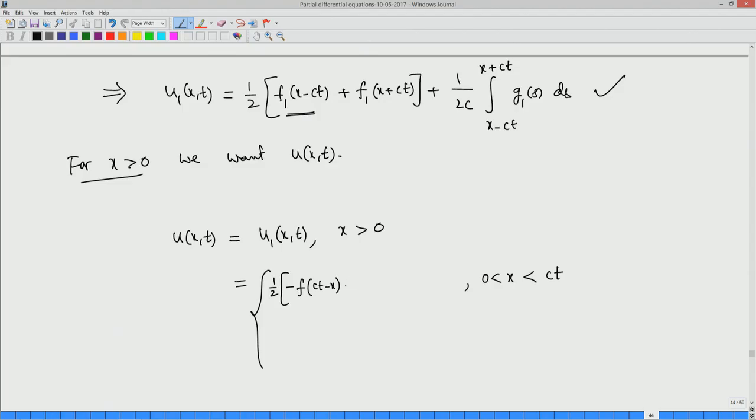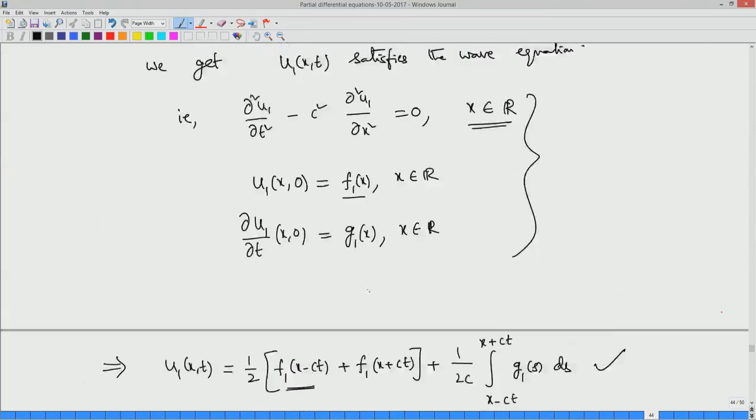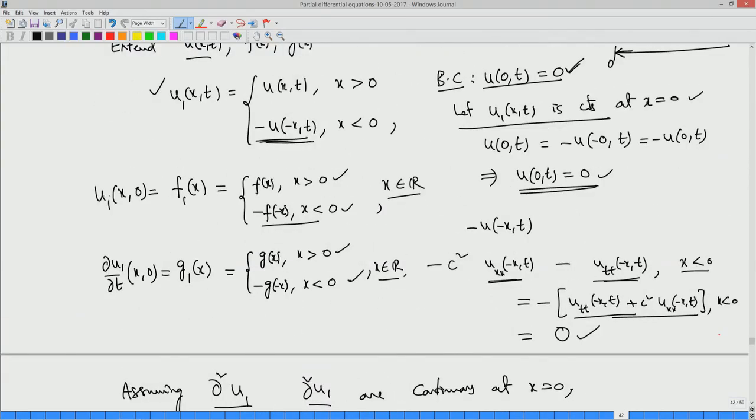Plus, when x is between 0 and ct, x plus ct is always positive, so you simply write f of x plus ct. I am writing this using this function: f1 of x is f of x when x is positive; if it is negative, you have to write minus f of minus x.